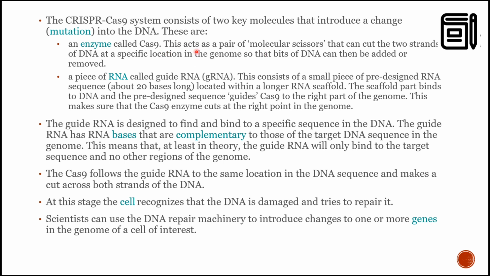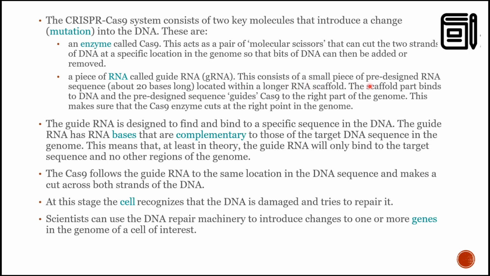So we use Cas9 as molecular scissors so that it can cut the two strands of the DNA at specific locations, and by that we can add or remove parts of the DNA. The other important molecule is the guide RNA, also known as gRNA. This helps to guide the Cas9 enzyme towards the DNA where the cut is to be made.